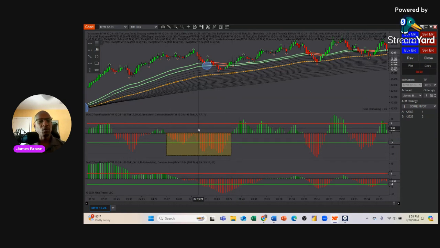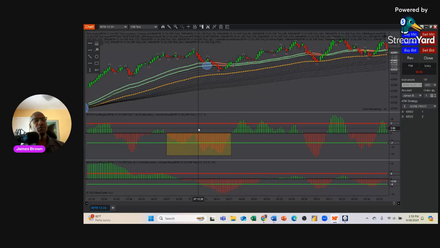That's what I want. I want everything to be below zero, because we want a nice pullback. And we want it to revert back to the mean, and it's negative. So now we have certain criteria that we're slowly starting to paint.